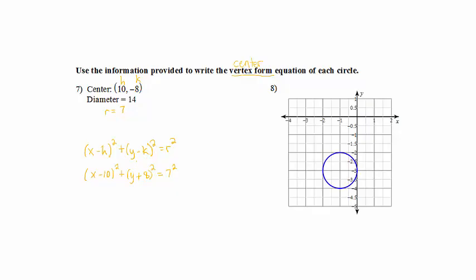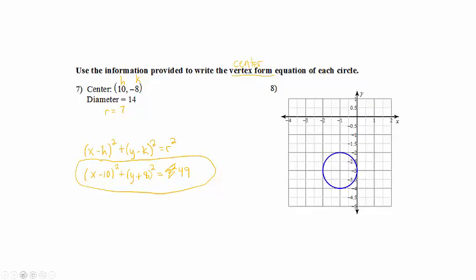It was y minus k, which makes it y plus 8 instead of y minus 8. And instead of writing 7 squared, we could have said, I know what 7 squared is, it's 49. So you can either rewrite it and write 49, or your teacher may be fine with you leaving it, and that's cool, but this is our equation for this circle.